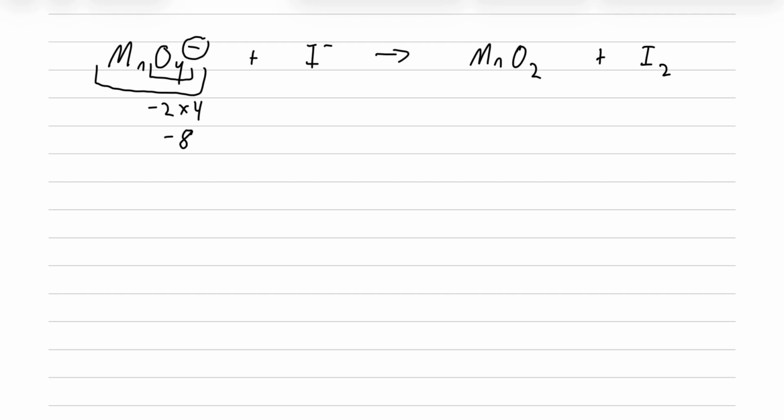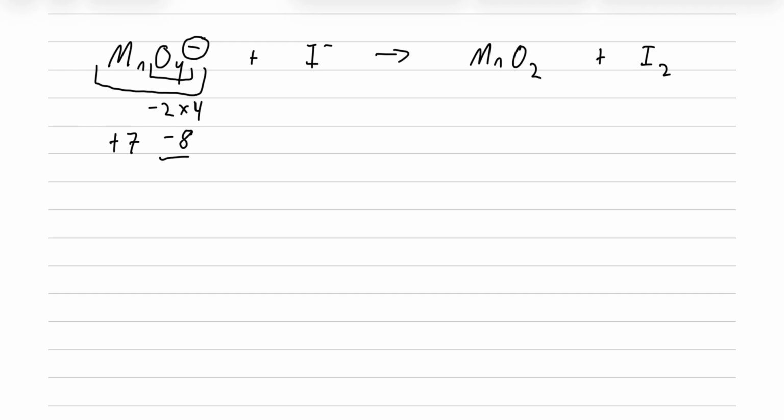So here we have a -1 charge, and the sum of all the oxidation states must be -1. Oxygen contributes -8, so manganese here must be +7. 7 minus 8 is -1. So there we go.